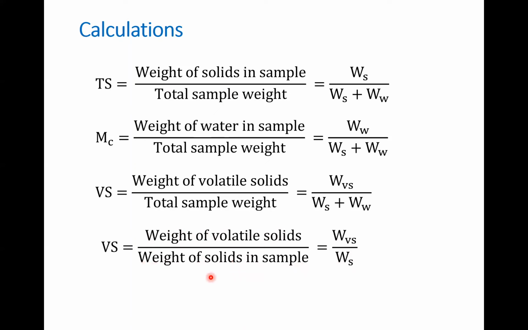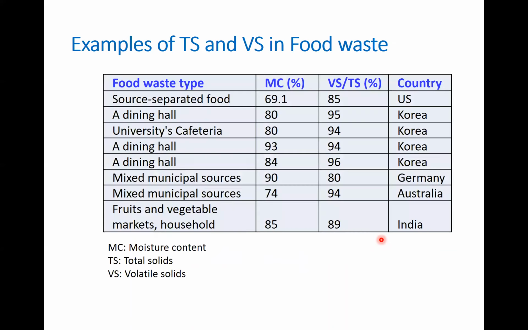This is the weight of the solid, meaning the amount of solid in the sample. Again, this fraction can be a percentage; if you would like it as a percentage, you multiply by 100. Here is just an example of how these values are reported for selected food waste. For source separated food waste, you can have a moisture content of 69.1.